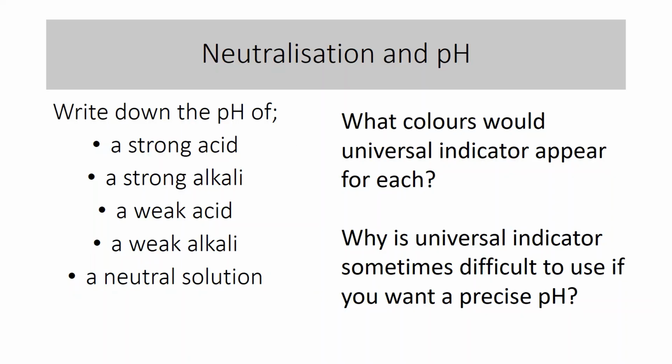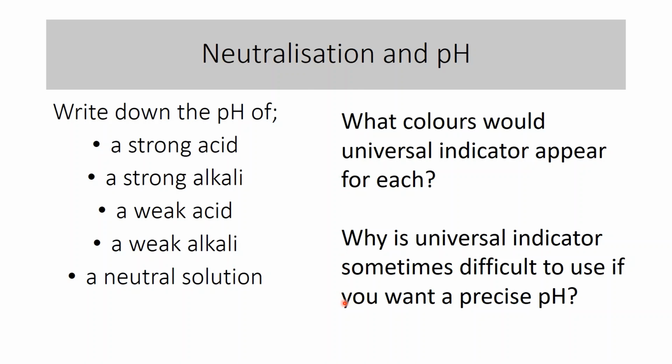So now that we've done that, let's flip over to a new sheet of paper and write down the pH of a strong acid, a strong alkali, a weak acid, a weak alkali, and a neutral solution. What colours would each occur under universal indicator?